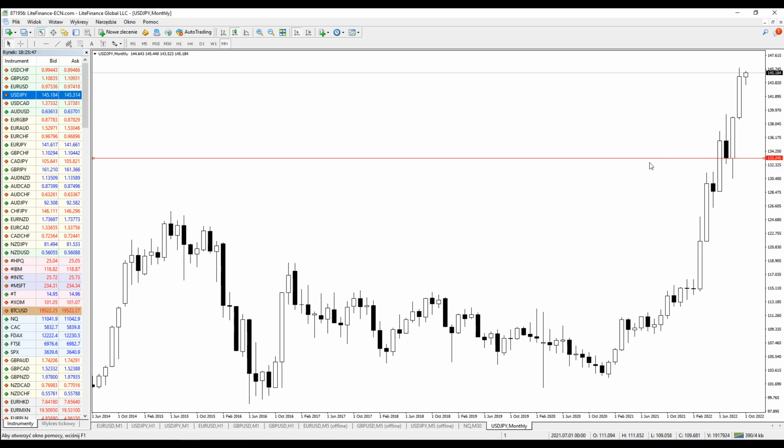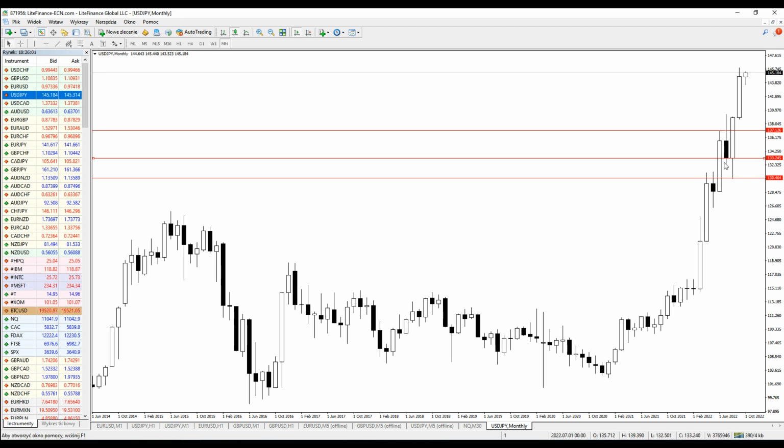So 133.25, all right, and the possible bottom of the breakout candle 130.50, as well as, if this swing high is broken, 137, and the bottom of the breakout candle around 139 over here. That's how I see things in case of a strong intervention based on Bank of Japan comments.